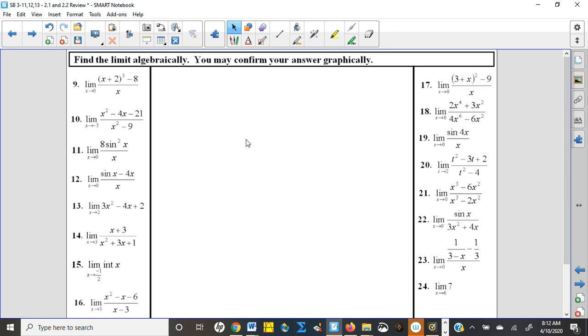But sometimes you can't, and that's where the problems get tricky, and that's where you need to know your algebra tricks like factoring and such to manipulate the expression until we can substitute, and then also the trig identities. Really just one primary trig identity, right? The limit of sine of kx over kx, as x approaches 0, will always be equal to 1.